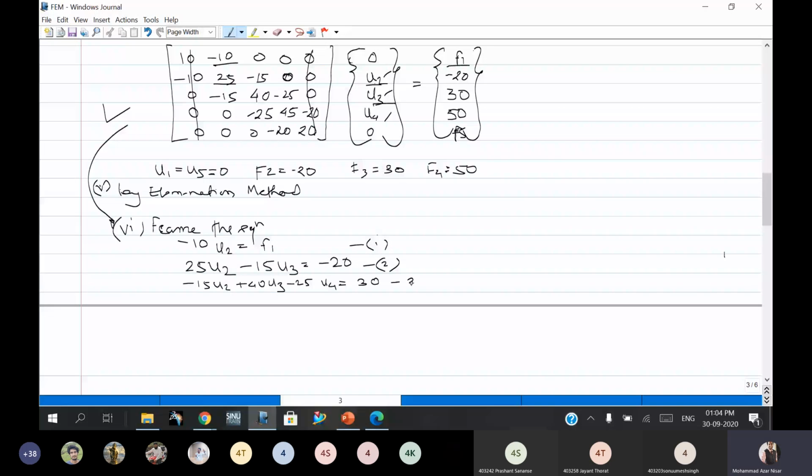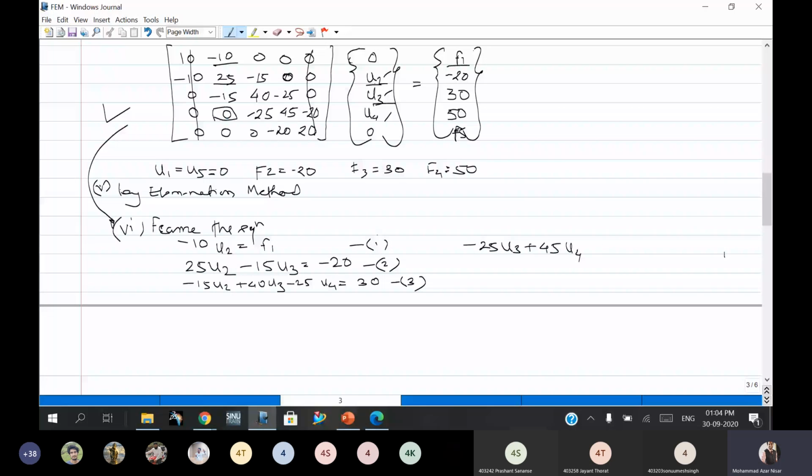Equation number 3. Equation number 4, I will write here, minus 25 U3 plus 45 U4. As it is 0 over here, no U2, and equal to 50.